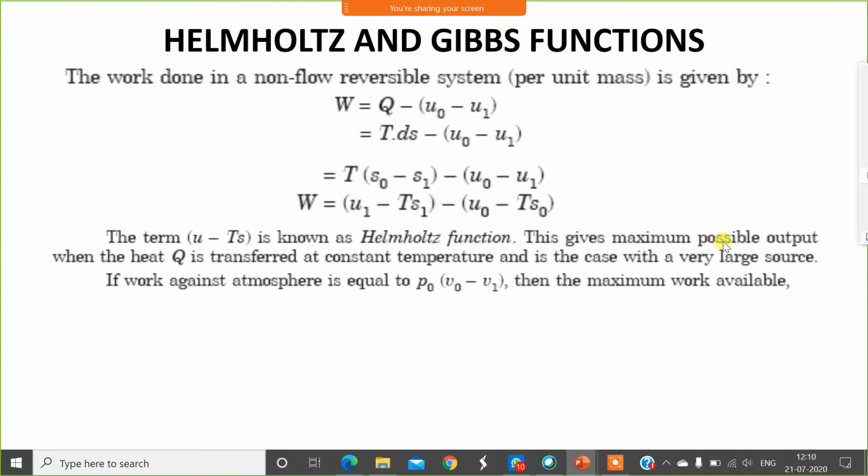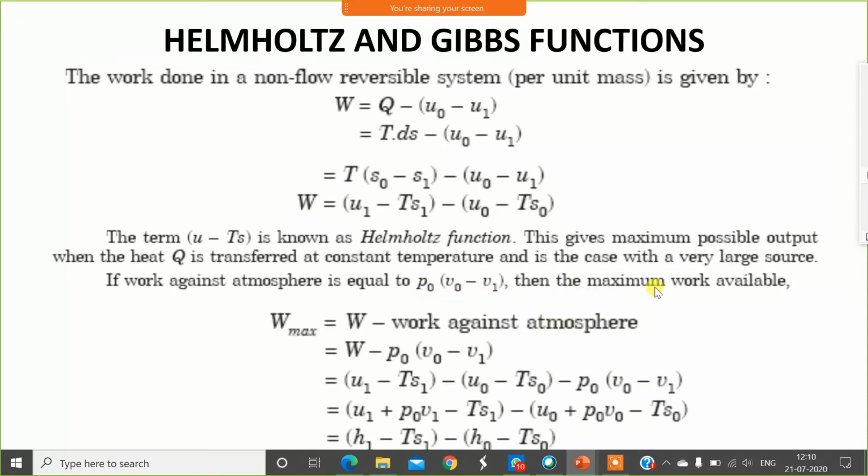This gives the maximum possible output when heat Q is transferred at constant temperature, in the case of a very large source. If the work against the atmosphere is P0 (V0 minus V1), then maximum work will be this work minus the work against the atmosphere. Now this work is equal to U1 minus TS1 minus U0 minus TS0.